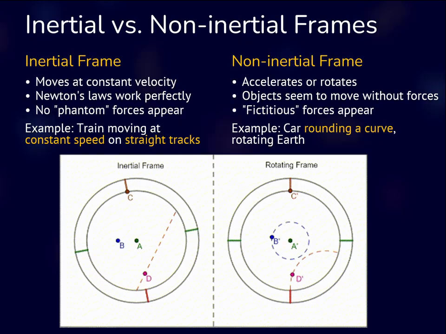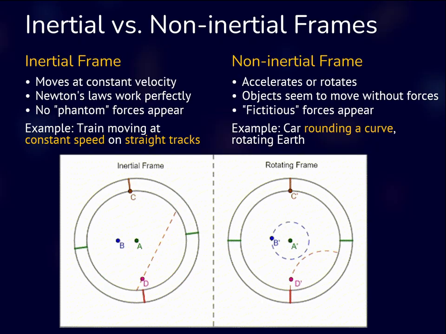But then there's a non-inertial frame. This type of frame is accelerating, which means it's either speeding up, slowing down, or changing directions. In these non-inertial frames, things can get weird. Forces seem to appear out of nowhere. We call these fictitious forces because they're not caused by any physical interaction, but by the acceleration of the frame itself.